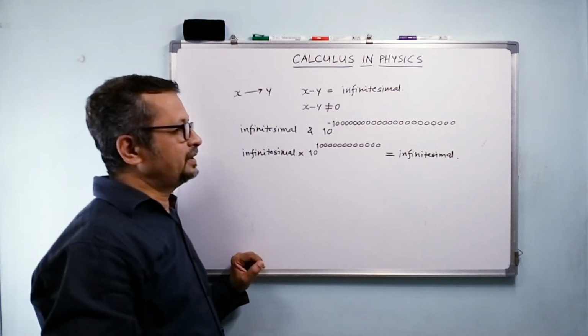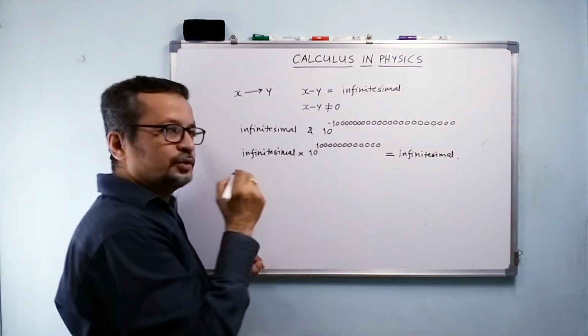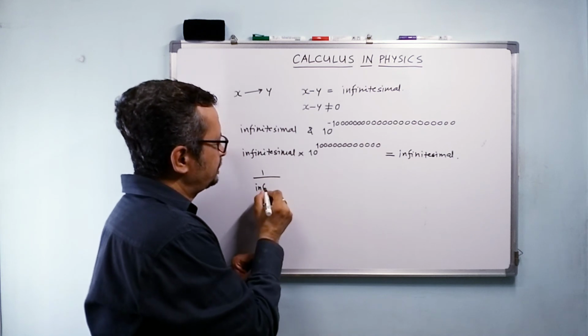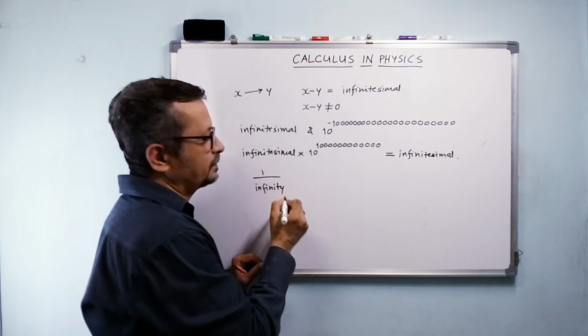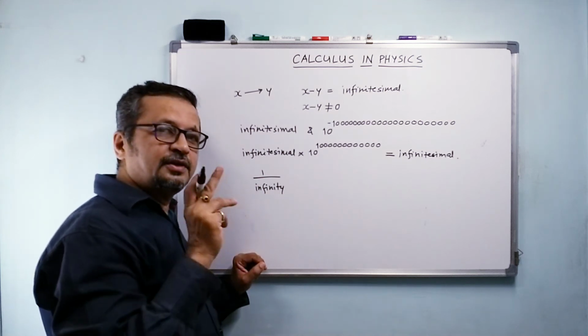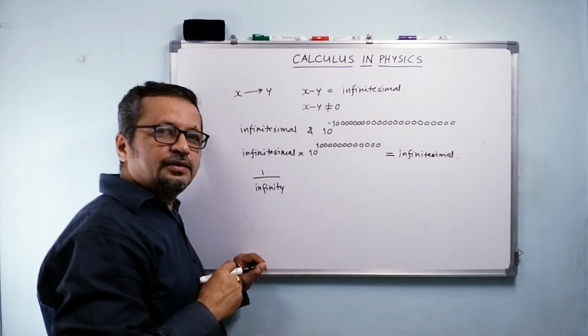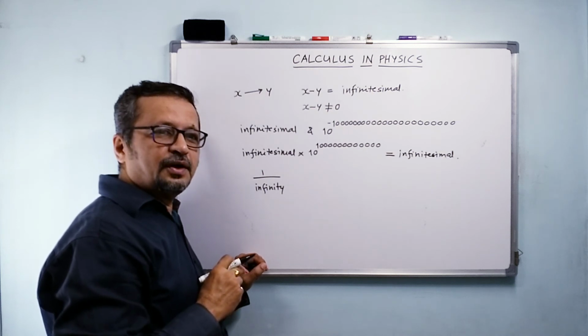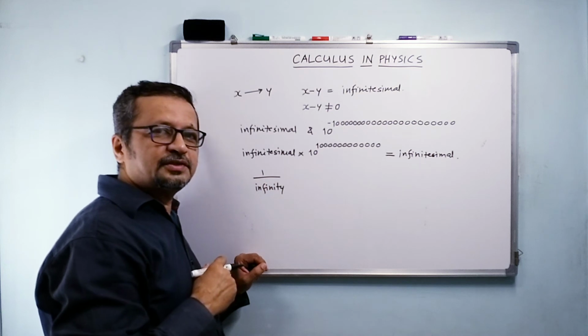And finally, for this video, I'm going to have one more question. What is 1 upon infinity? What is infinity? You must have heard that there was a movie called The Man Who Knew Infinity, and that movie was on Srinivas Ramanujan.